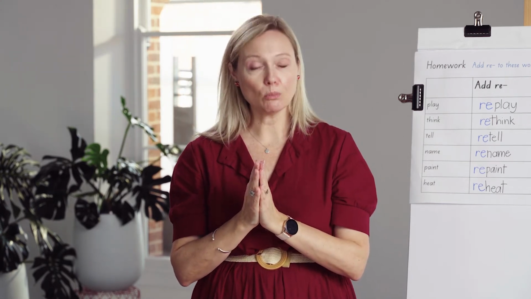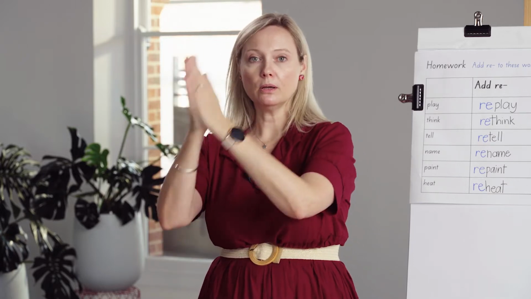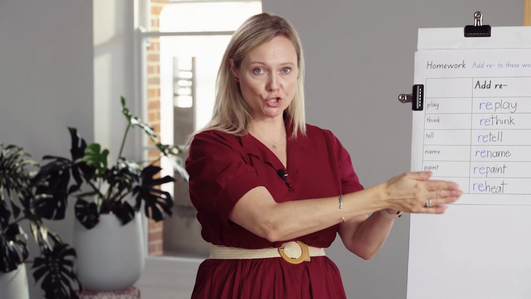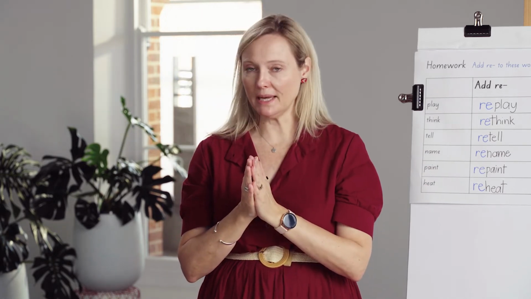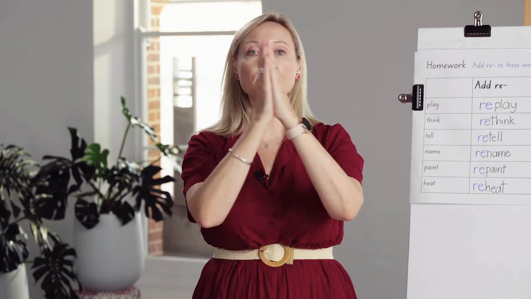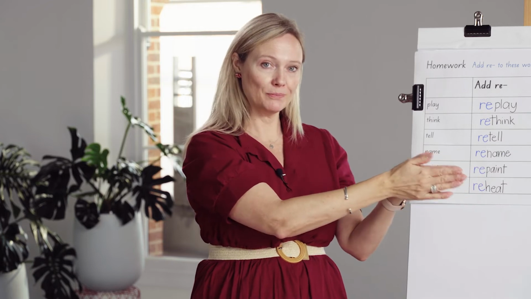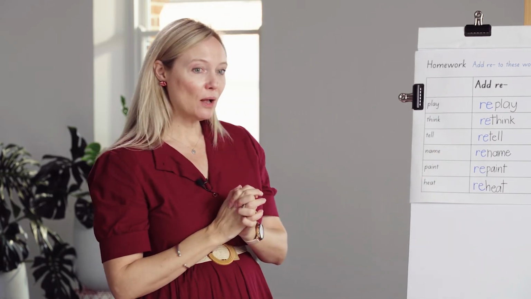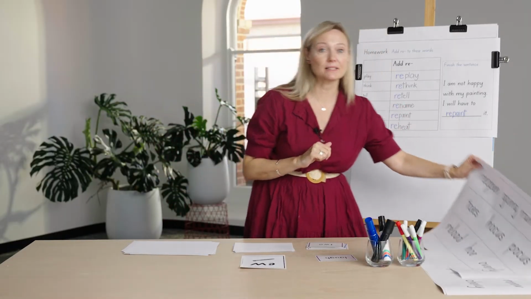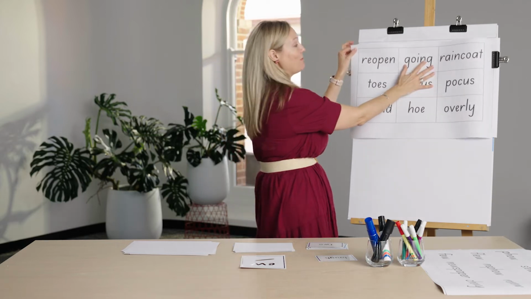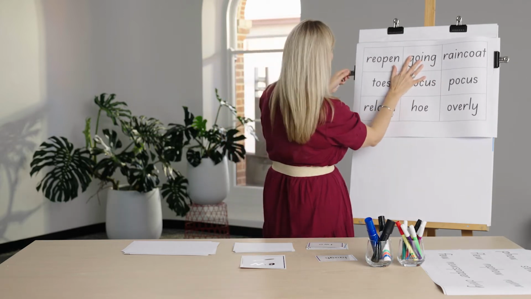Repeat. Brush. Sh. Great. Last one, smooth. Repeat. Smooth. Well done. Okay. Shall we have a look at some words to read and practice some of those phonemes and graphemes we've been learning?